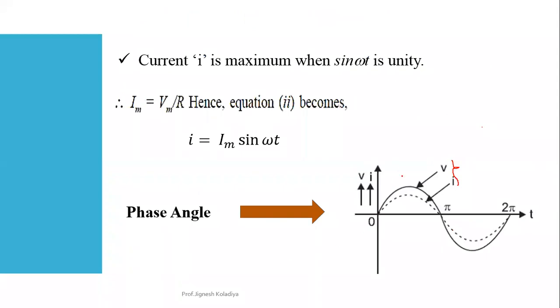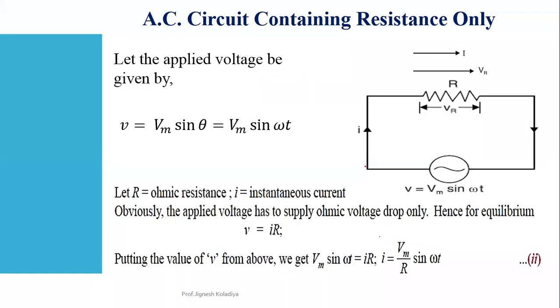Before starting the inductive circuit, as you can see from this, there is no phase shift between voltage and current. We can draw both the vectors in parallel, that is VR in parallel with IR.